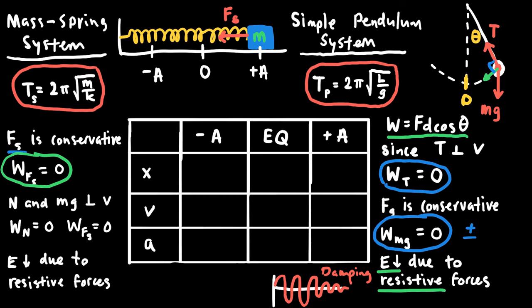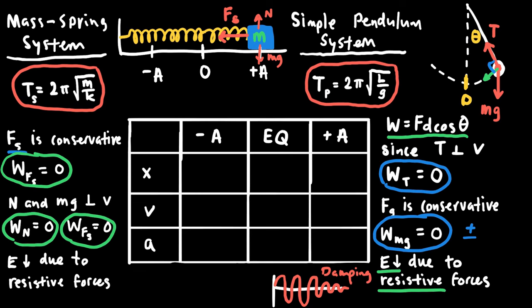I also know that the other forces exerted on this mass spring system, like the normal force and the gravitational force, are perpendicular to the direction of motion of the object, and for that reason, they will also do no work on the system. And so none of the forces acting on the object are doing work on the box, and therefore we should expect the amount of energy to be constant.